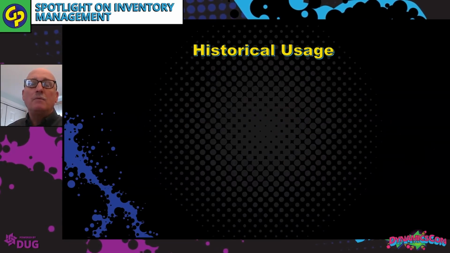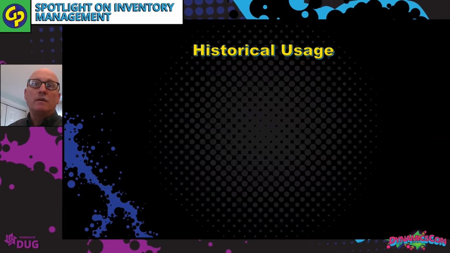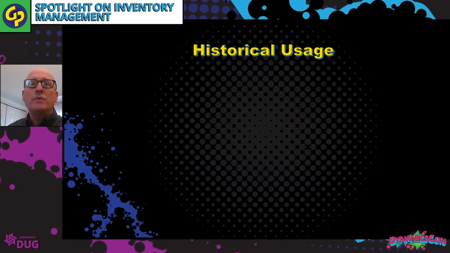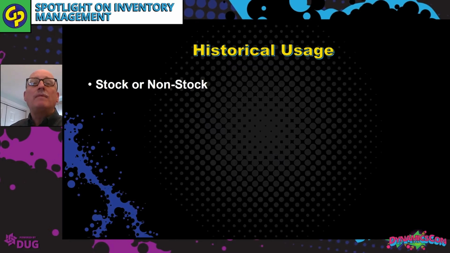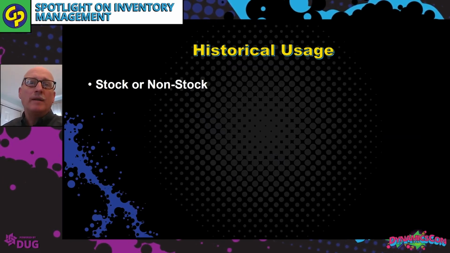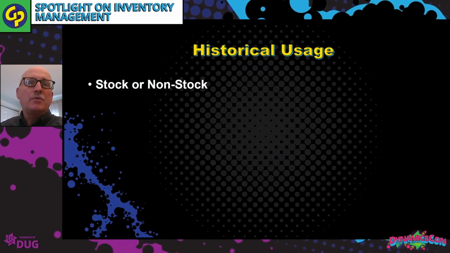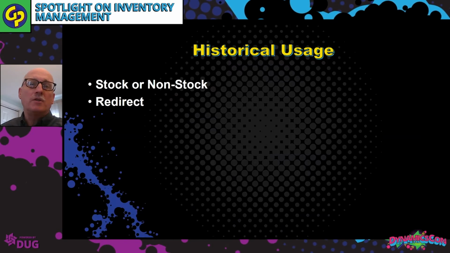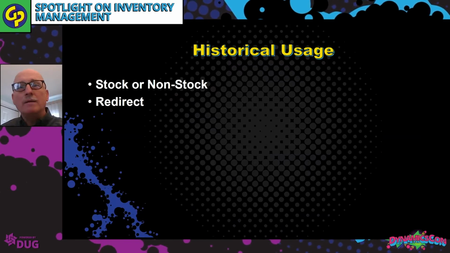Usually, people begin with their sales history. If you sold a lot of an item, you're probably going to want to stock that item. So you can use history for that to begin with. If you have items that are going away and then replaced by a brand new item, that history is a little different. You want to make sure that you redirect the usage from the old item to the new item.